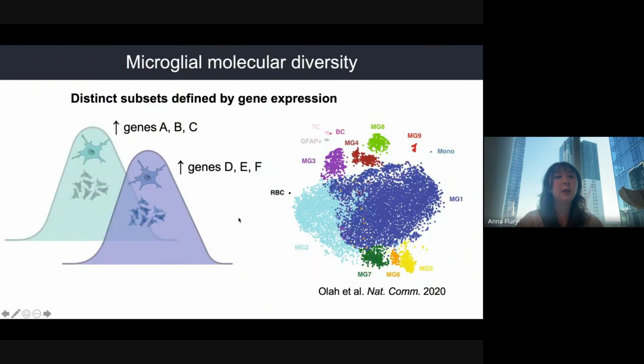And we know that microglia are actually heterogeneous. Single cell studies have really illustrated this point, where there are certain subsets of microglia that can be characterized by a unique gene expression program where they upregulate certain genes compared to other subsets.